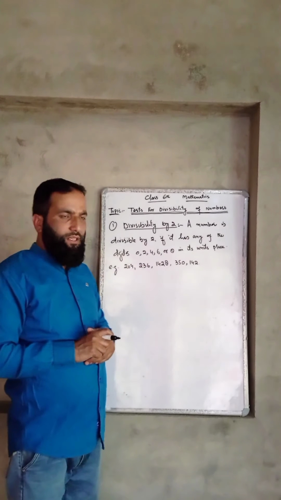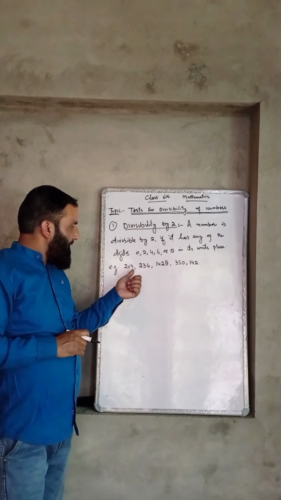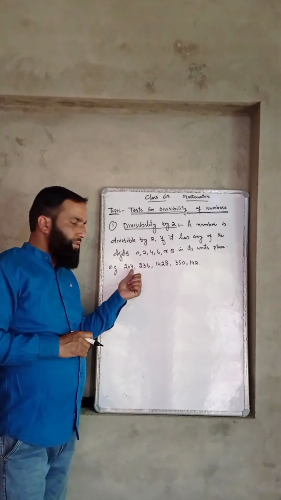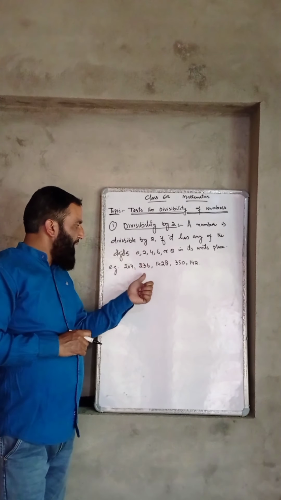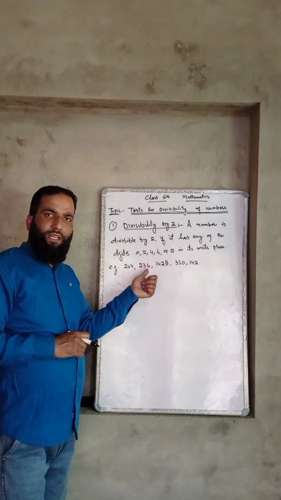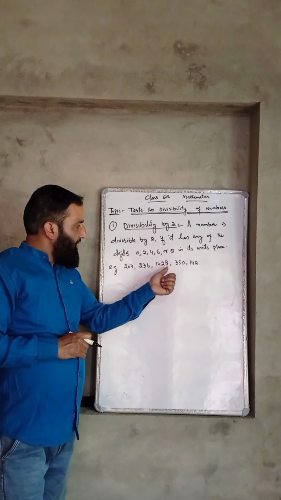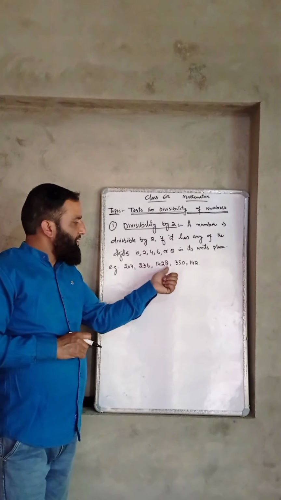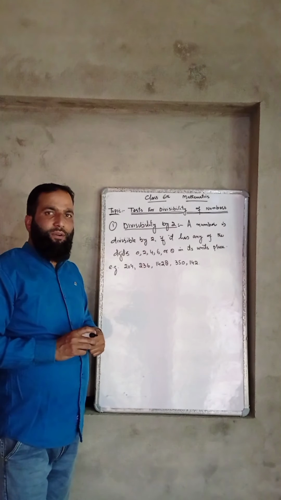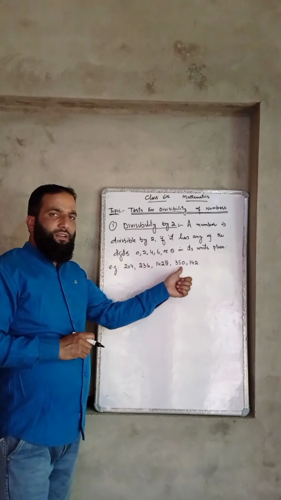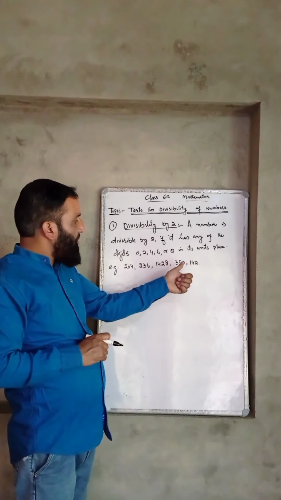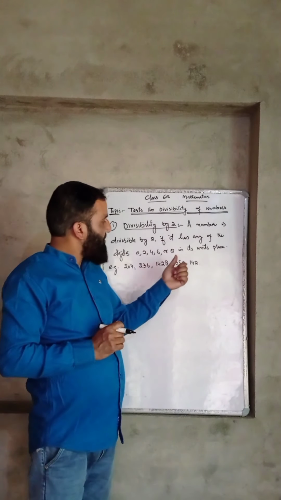in their units place. Here digit at the units place is 4, so it is divisible by 2. Here the digit at its ones place or units place is 6, so it is divisible by 2. Here the digit at units place is 8, so it is divisible by 2. Here in this number the digit at units place is 0, so it is divisible by 2.